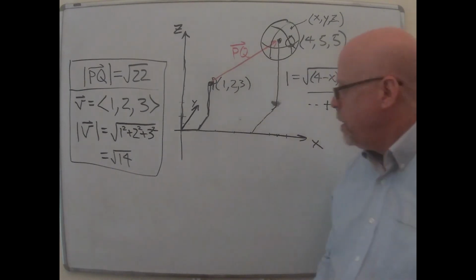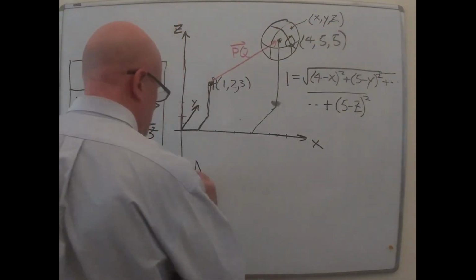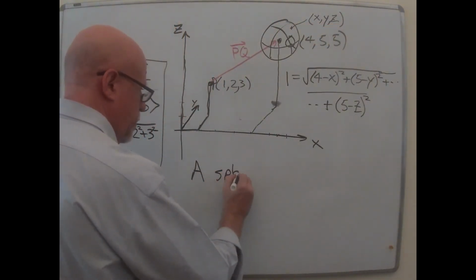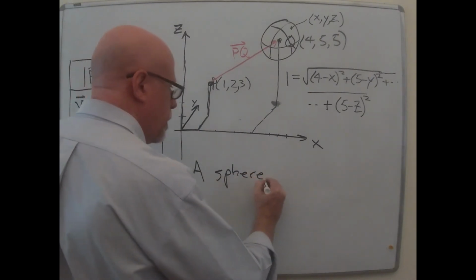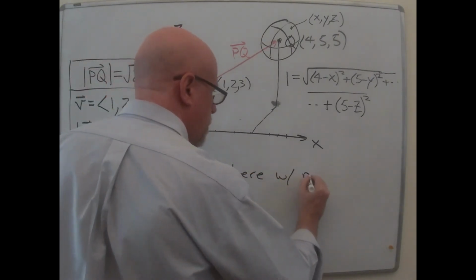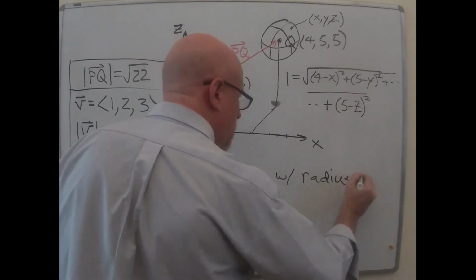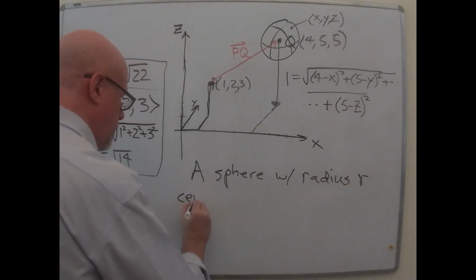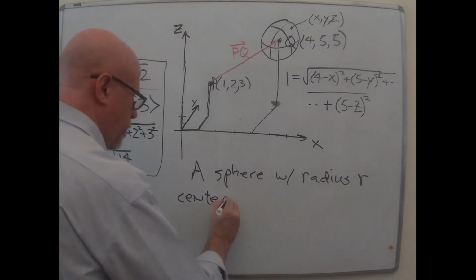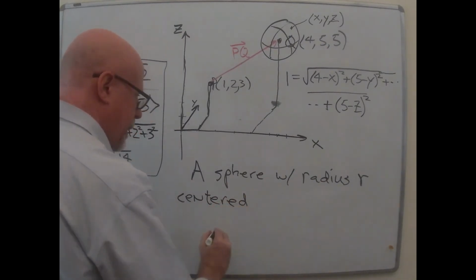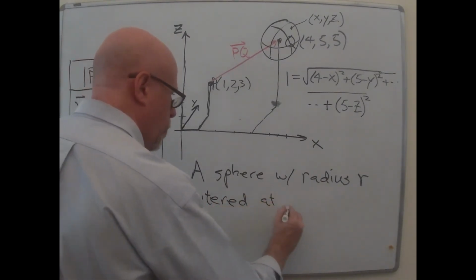Suppose I have a sphere that has a known radius of, say, r, and its center is some known point. I'm just going to use A, B, and C for the coordinates of the point.